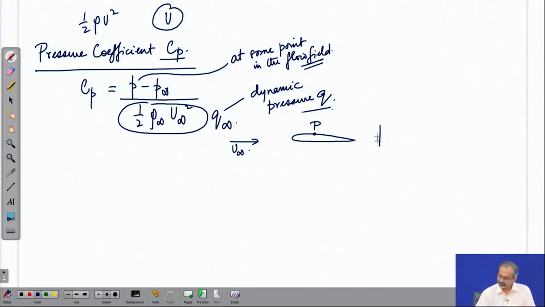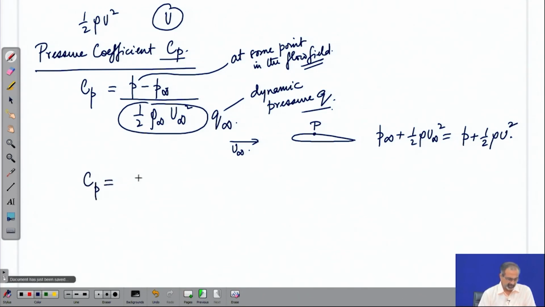then if we apply Bernoulli's equation between a point in the free stream and the point P on the airfoil, then we see that Cp will turn out to be, let us use half rho infinity everywhere, that will make it consistent.